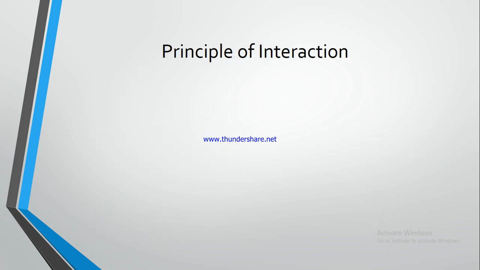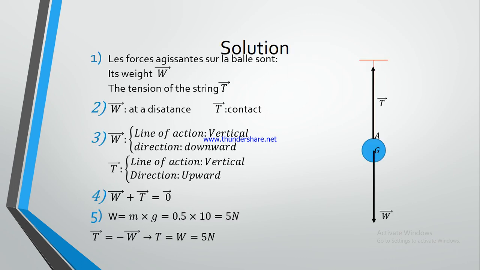Now we'll move to the principle of interaction. From the previous exercise, the string exerts a tension on the ball, but also the ball attracts the string downward. It exerts a force on the string.